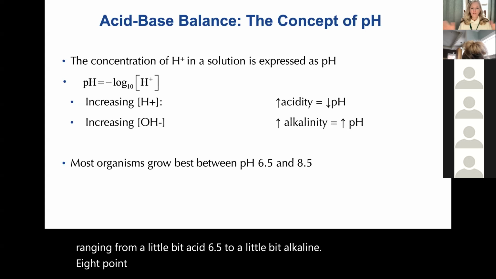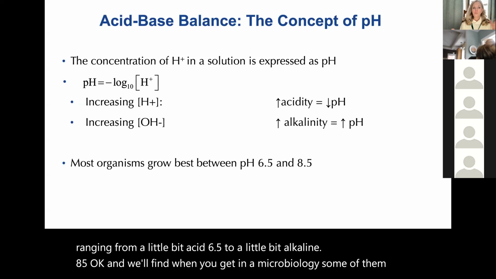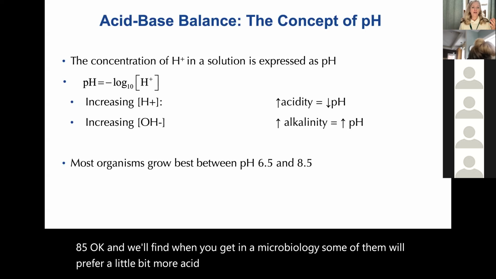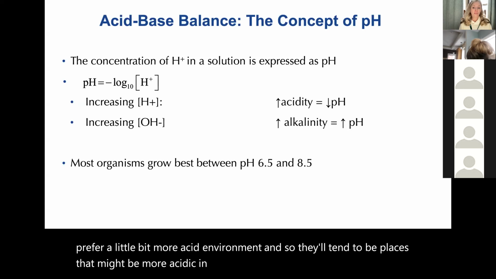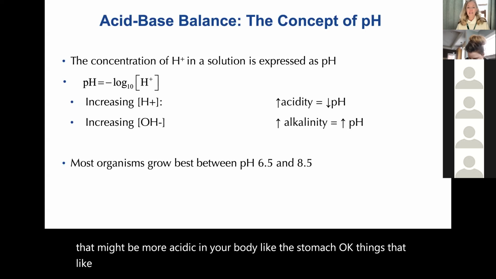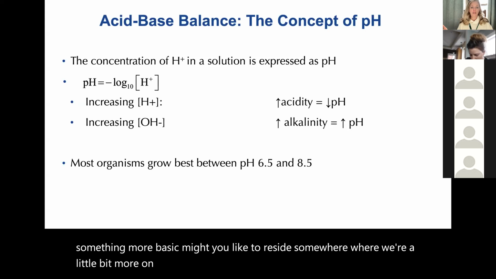When you get into microbiology, you'll find some prefer a more acidic environment, so they tend to be in places that are more acidic in your body, like the stomach. Things that like something more basic might reside somewhere a little more on the basic side, like the vaginal tract.